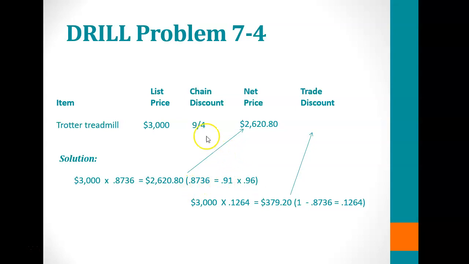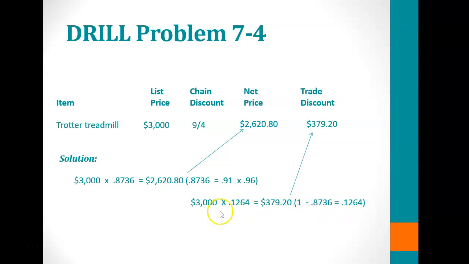You're taking the complements after those discounts, multiplied times the list price of this treadmill. That's an expensive treadmill, $3,000. And that would give us a net price of $2,620.80.